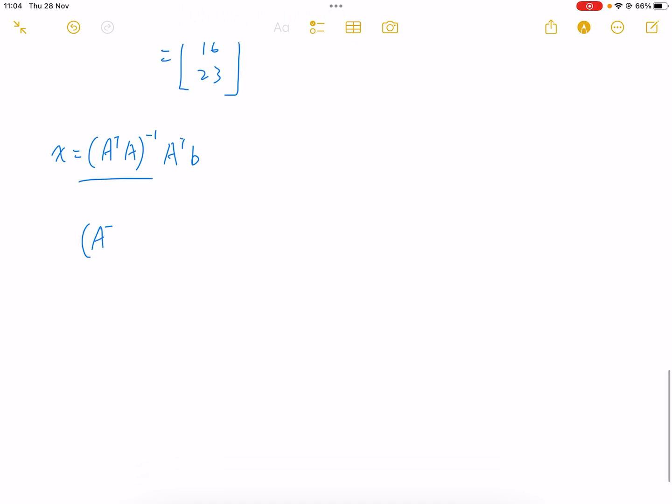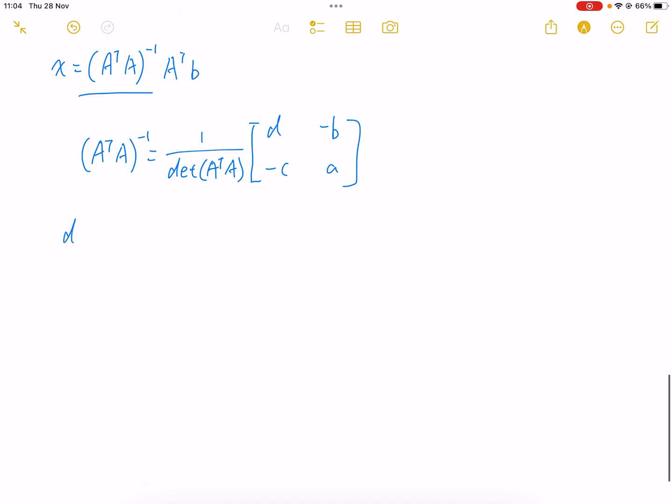So the inverse equals 1 over the determinant times the matrix d, negative b, negative c, and a.